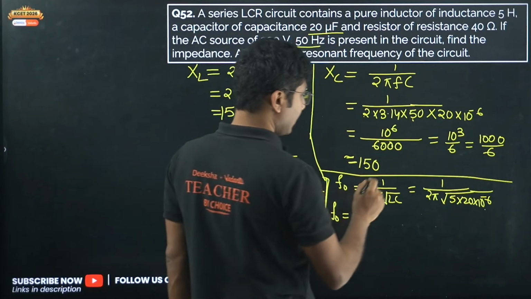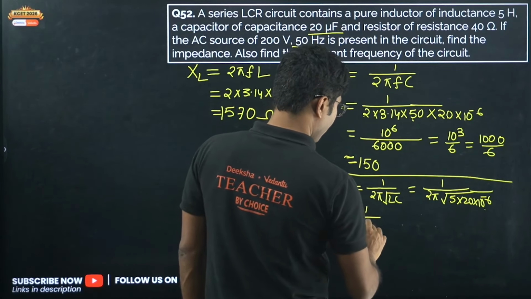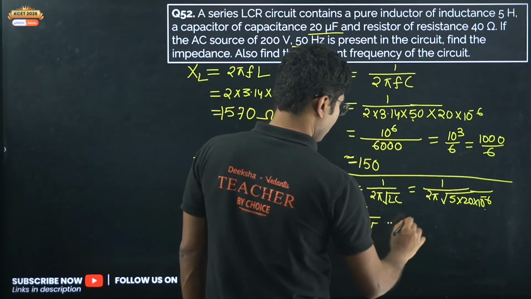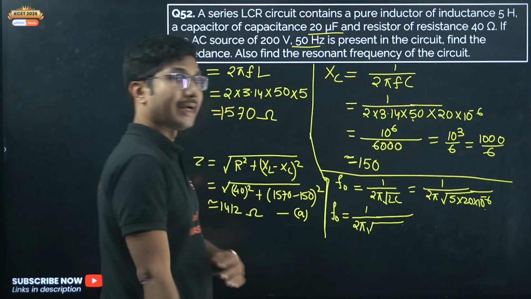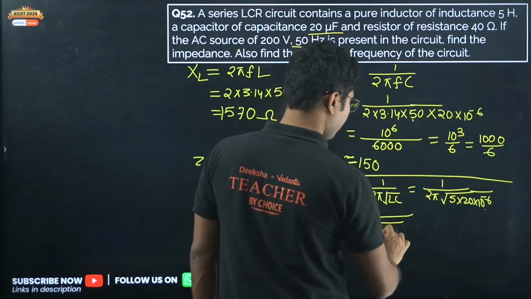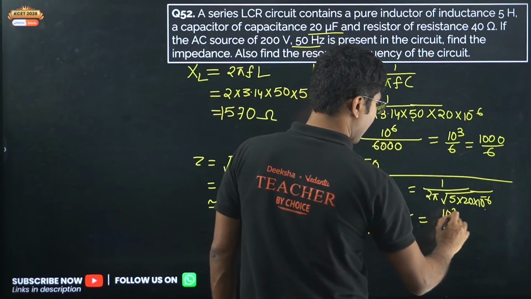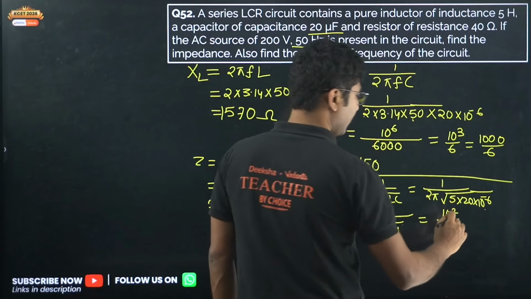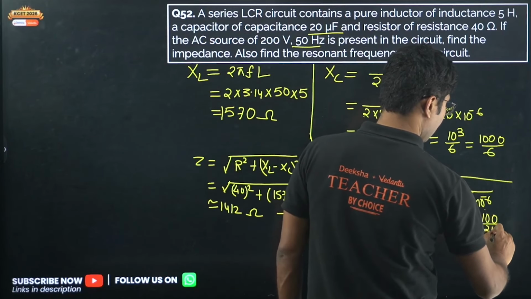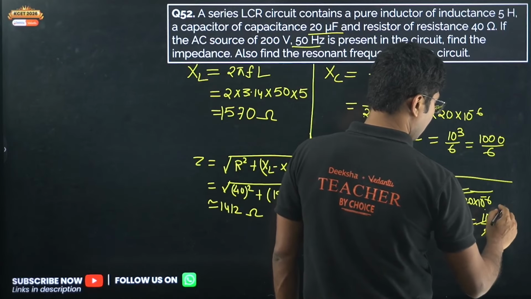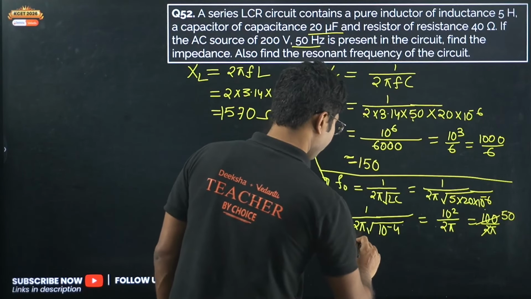Don't make that mistake. Now let's simplify. So it will be 1 by 2 pi into square root of 5 into 20 is 100, 100 into 10 to the power of minus 6 will be 10 to the power of minus 4. So it will be 10 square by 2 pi, so that will be 100 divided by 2 pi, so it will be 50 by pi. 50 by pi will be approximately 15 point something.